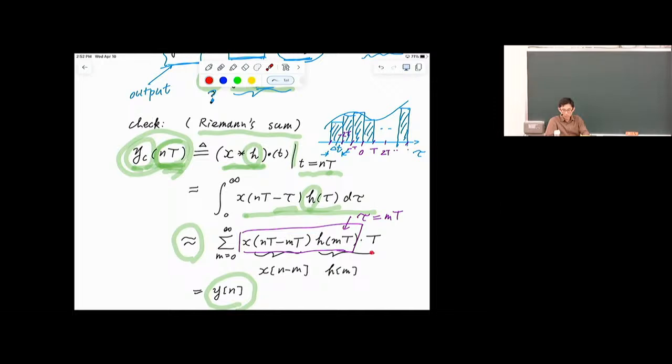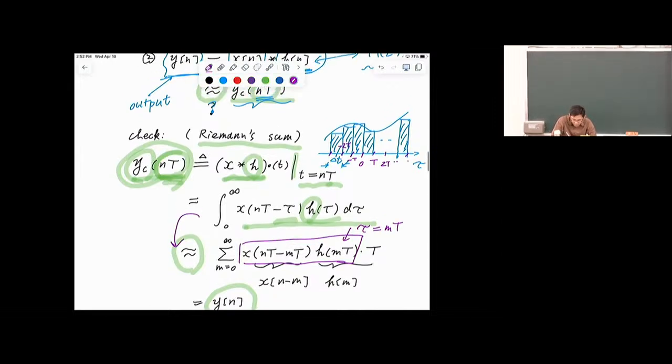Here big T is delta t, okay? So this is a Riemann sum approximation. Let me write it down. This approximation is the Riemann sum approximation. And we know that, at least roughly speaking, the approximation is good if t is sufficiently small.